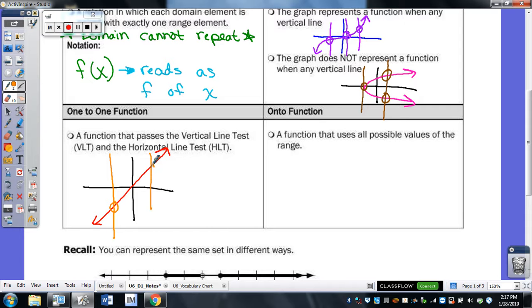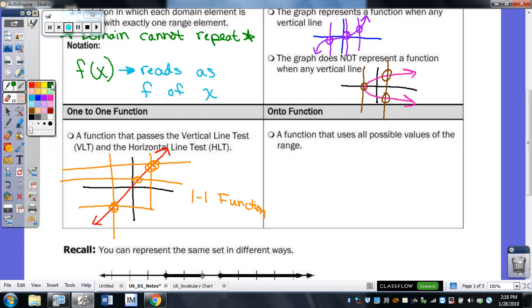No. So we know it is a function. If I do my horizontal line test, which is a new one, is it going to hit the graph more than once that way? No. So that means this is a one-to-one function. So a one-to-one function is just a more specific kind of function. Not every function is going to be one-to-one.